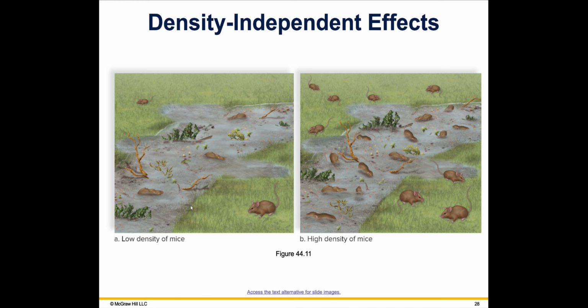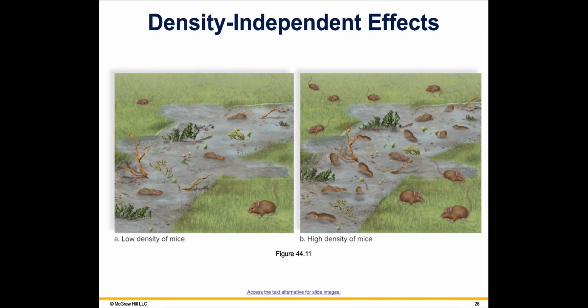But here is a river, and we're going to experience a natural disaster, a flood. We see that even if there's a low density of mice, the flood comes and some of the mice drown. Then we have this same river, but it's a high density of mice. Well, guess what? It doesn't matter. The flood comes and some of the population is going to drown.